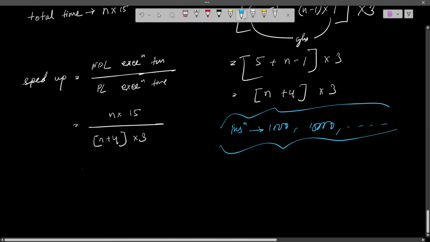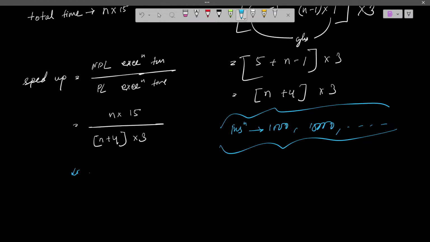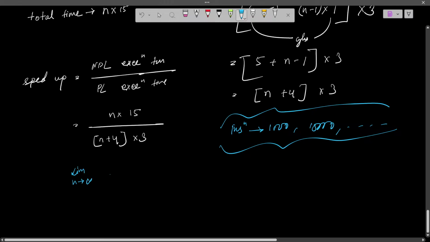So n would be very high. So you can just take the limit. As n tends to infinity, you're going to 15 upon 1 plus 4 over n, times 3.